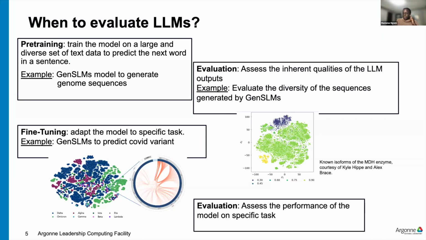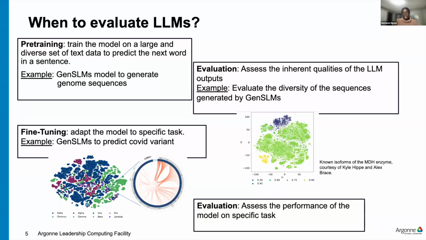In that step, you are evaluating the qualities of your LLM outputs. For GenSLM, that would be, for example, evaluating the diversity of the sequences generated. You want to make sure that GenSLM is outputting sequences that are as diverse as your initial training or real data set.